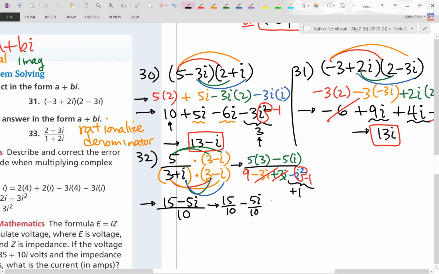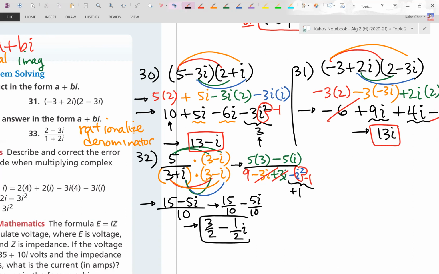I know, crazy, huh? 15 over 10 reduces to 3/2 minus i over 2, or simply 1/2 i, which is the proper way of writing it. We have the real part, 3/2, and the imaginary part, -1/2.